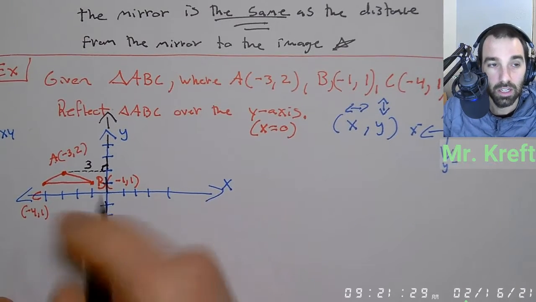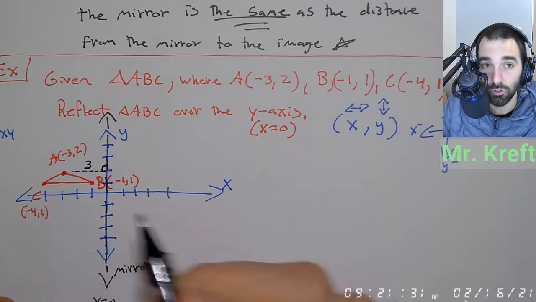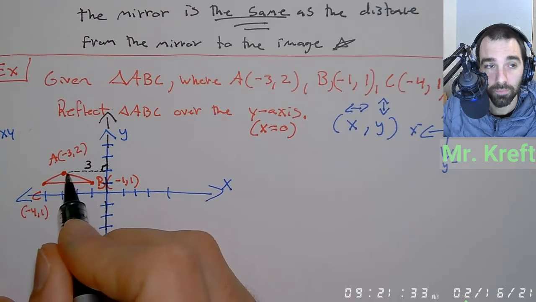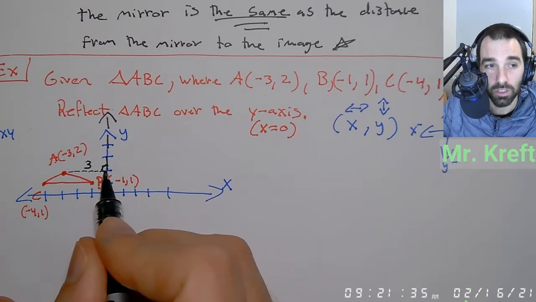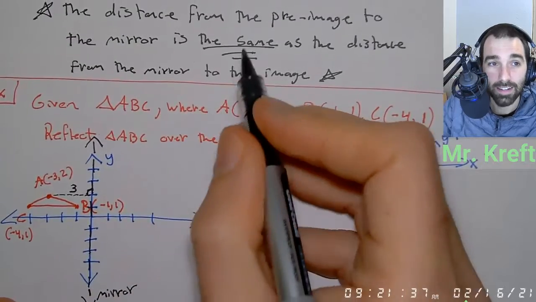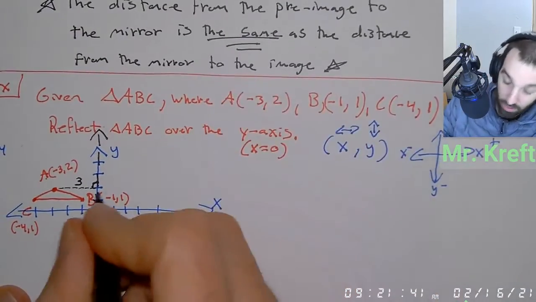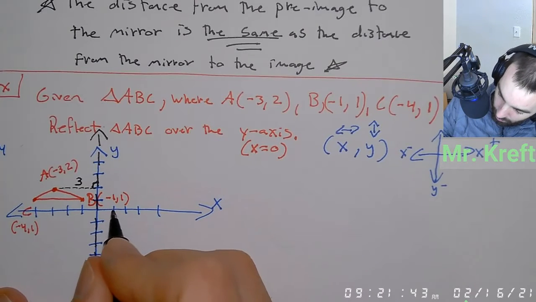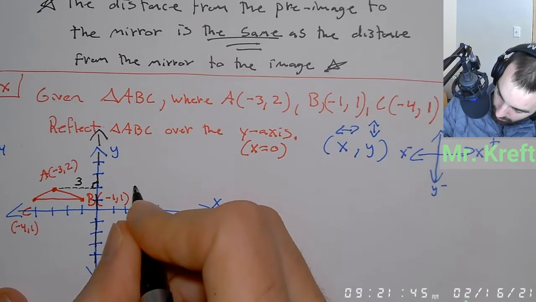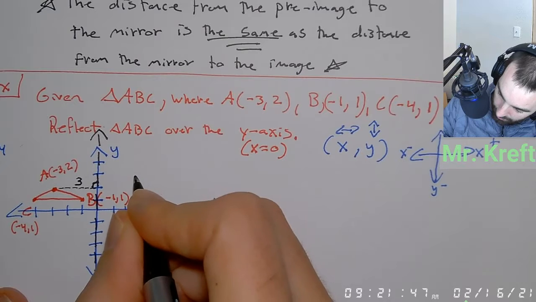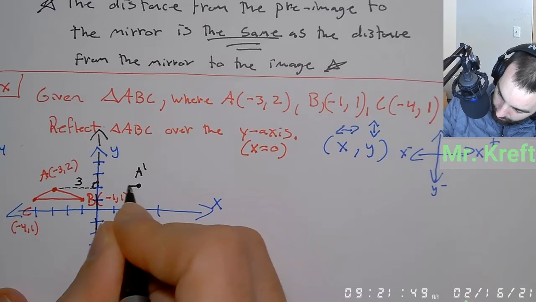You don't have to draw the 90-degree angle, but it's always perpendicular because that's the shortest distance between 2 points. So I'm going to go 1, 2, 3. Now get this. That distance is the same as the distance from the mirror to the image. So on the other side, I'm going to count 1, 2, 3. I'm not going to move up or down. And then this is my A prime.